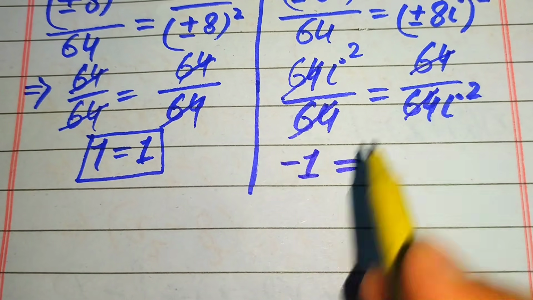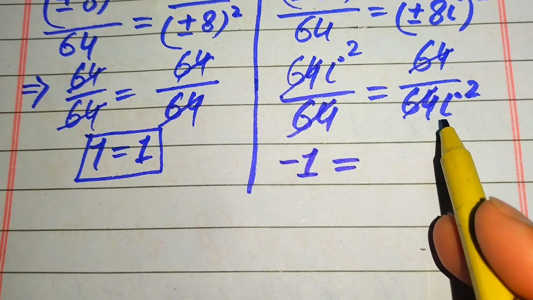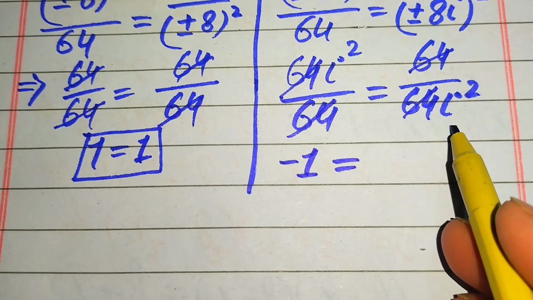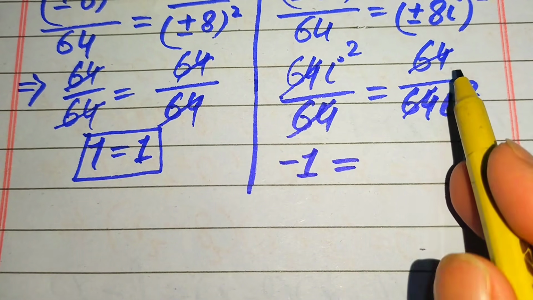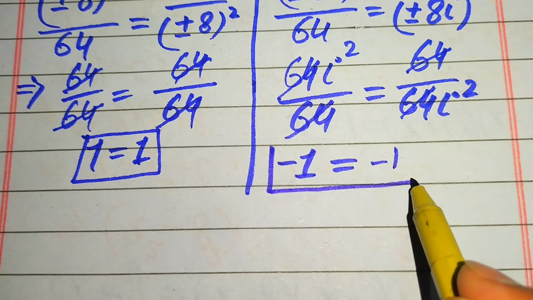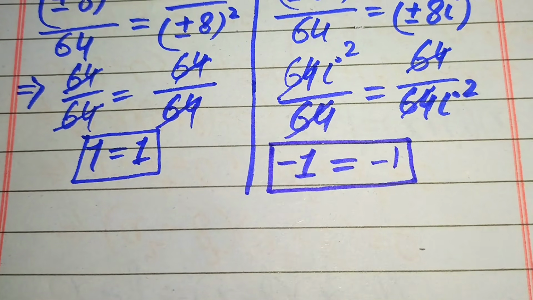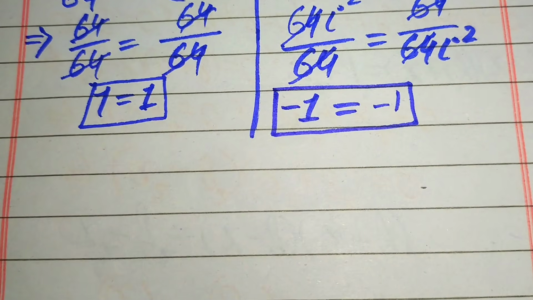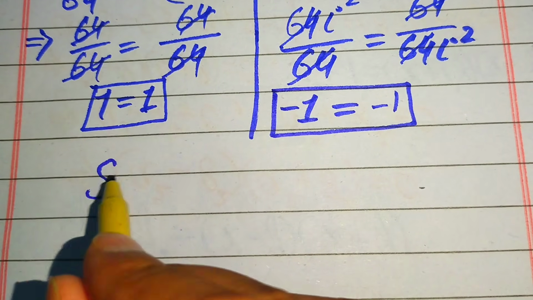This 64 and this 64 are also gone, and we get here 1 over i squared, and we know that i squared equals minus 1, and 1 over minus 1 equals minus 1. This shows that again both of the sides are equal. It means that all four roots of the given equation satisfy our given question statement.